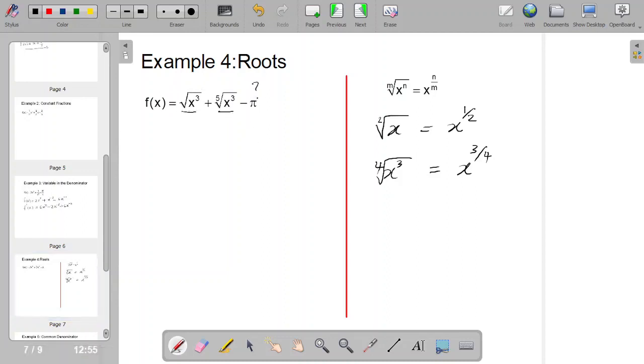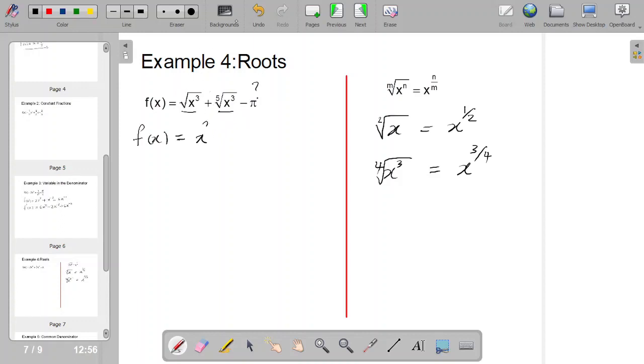We'll deal with it accordingly. Remember, this is still f of x because we still need to get our house in order. So we'll have x. Remember there's a 2 since it's a square root.